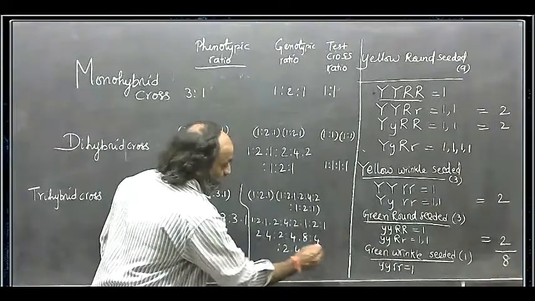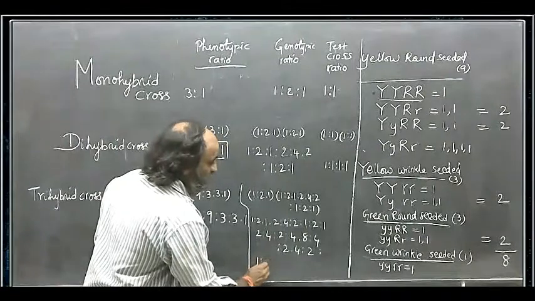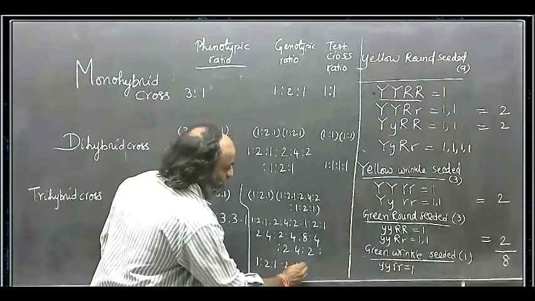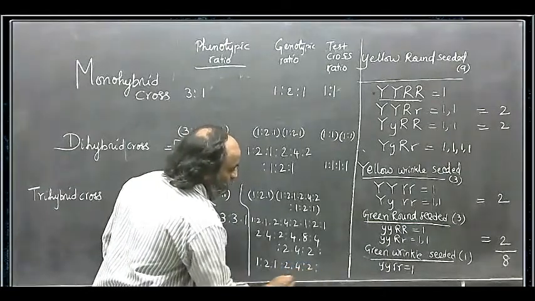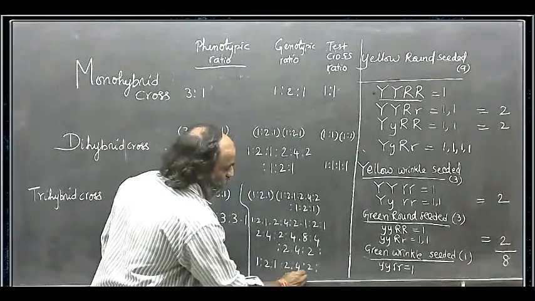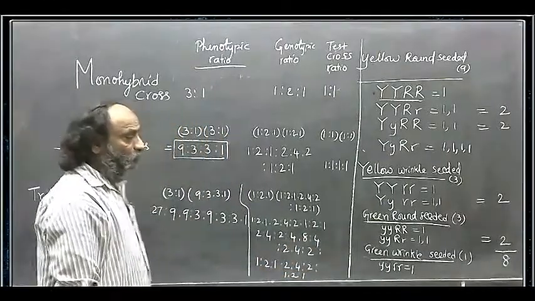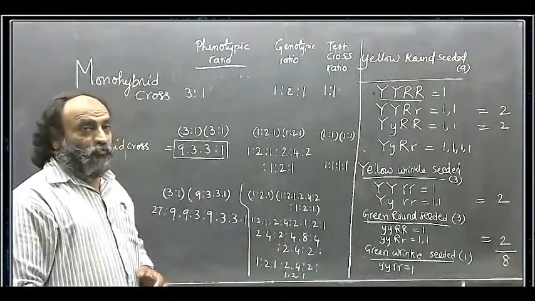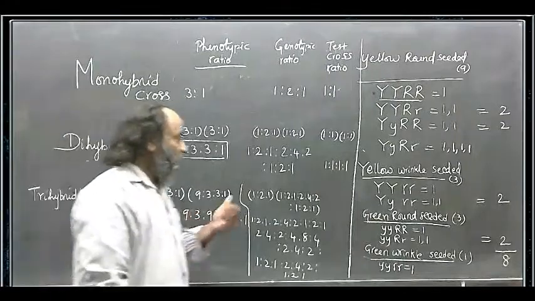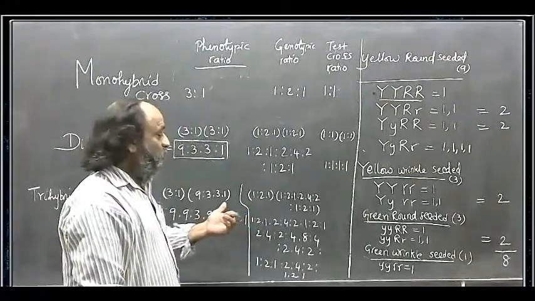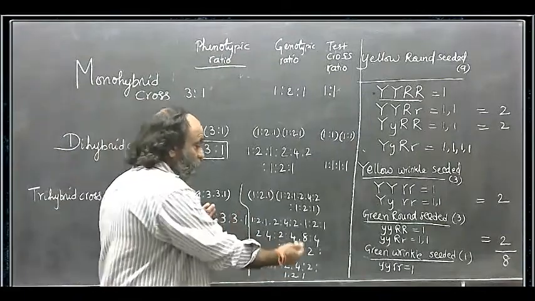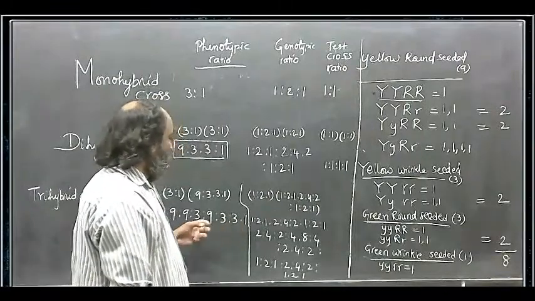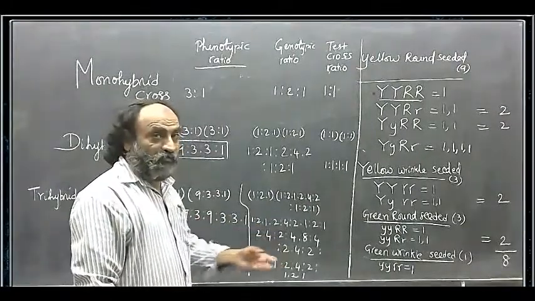Once again, 1:2:1. This is the big ratio of a trihybrid cross. So you should know the logic of getting the ratios. Even if you count, you will get 64. The total number is 64.